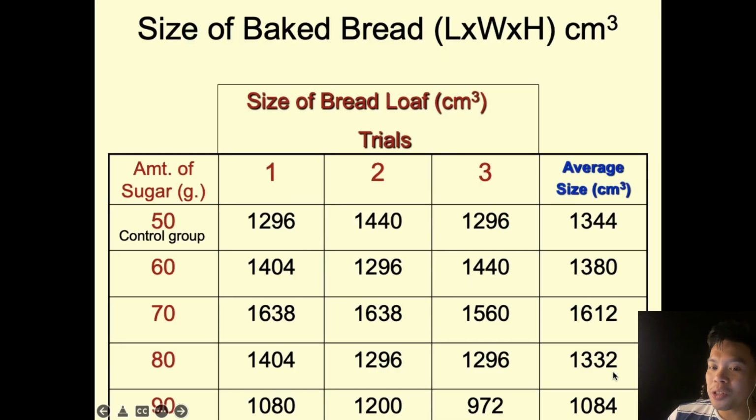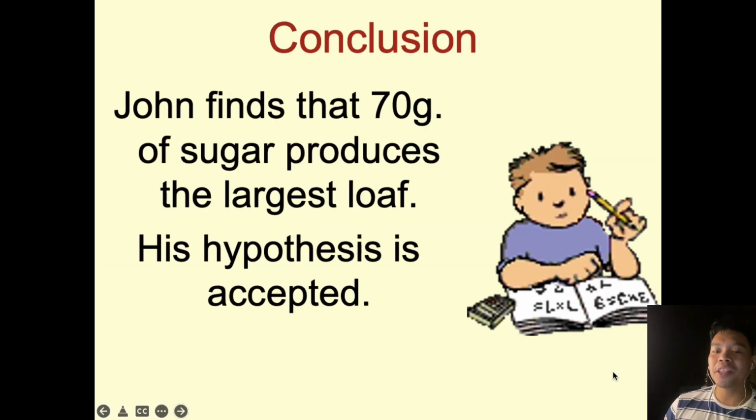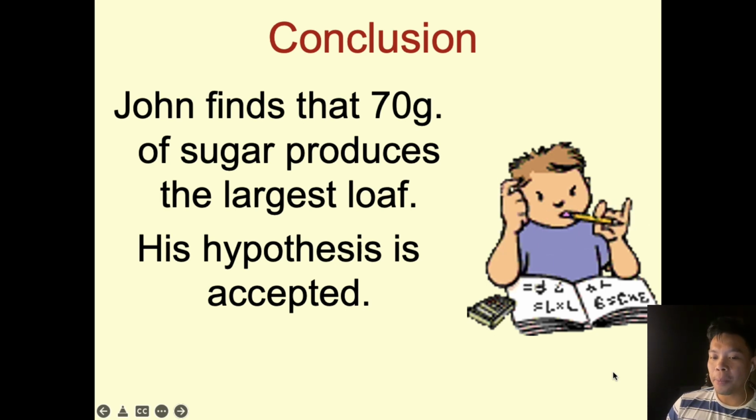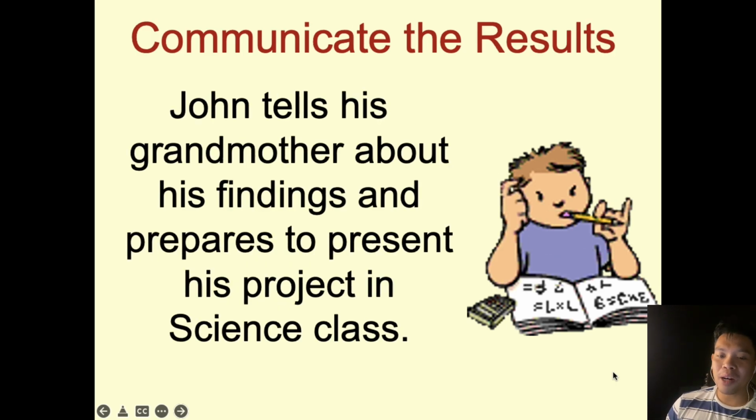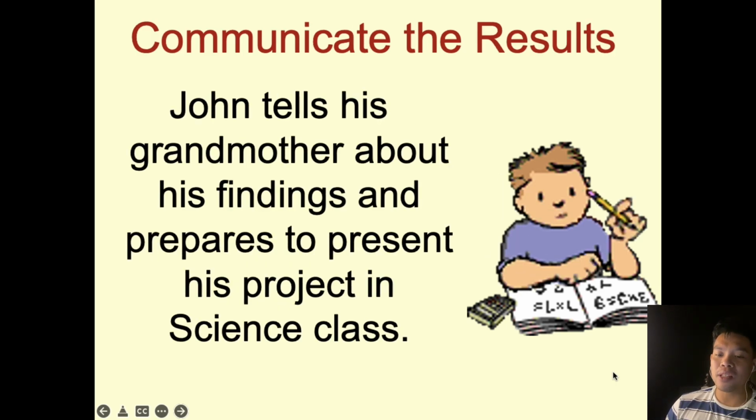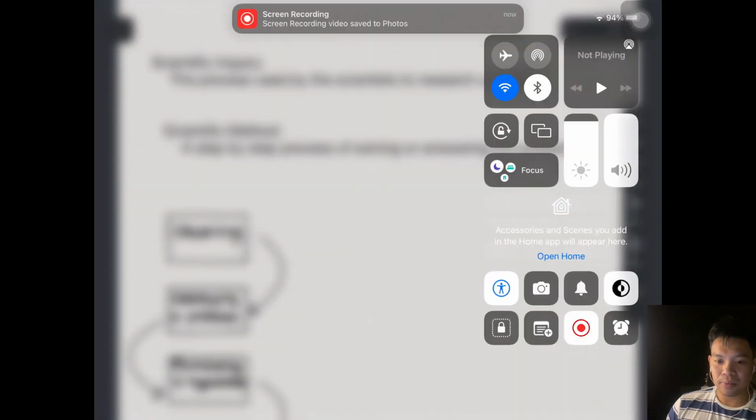Can you tell which group did the best? John finds that 70 grams of sugar produces the largest loaf. His hypothesis is accepted. John told his grandmother about his findings and prepared to present his project in science class.